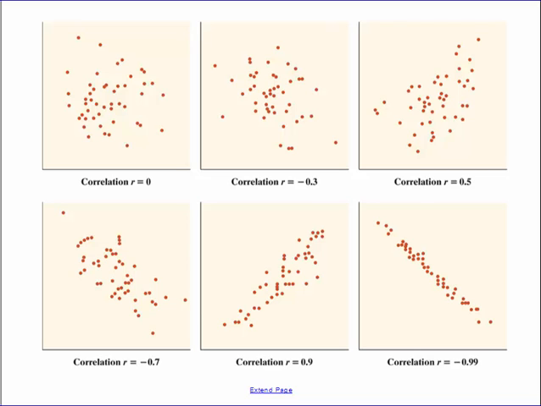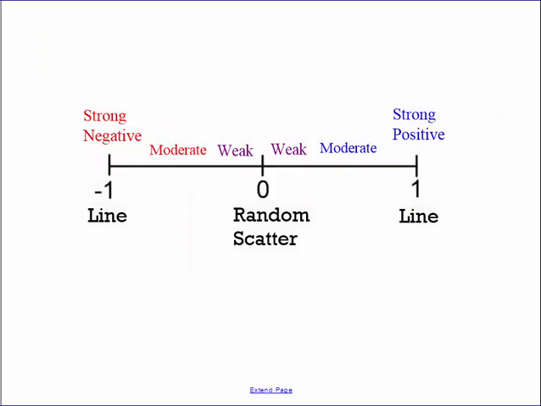It's a more clearly defined negative linear relationship. 0.9 in the middle there on the bottom is more clearly a positive linear relationship. And then when you get to negative 0.99 there on the bottom right-hand side, that is very, very clearly a linear relationship. So this is the mental picture I want you to have as you're assessing the linearity and the strength of that relationship.